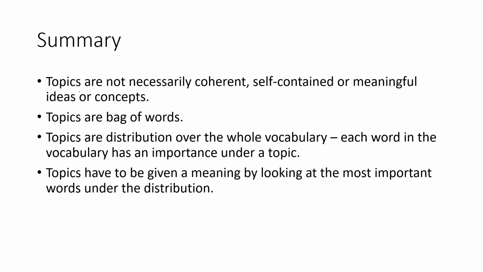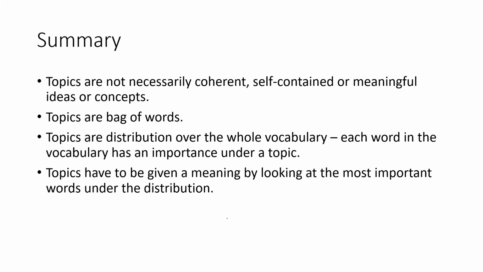To see the summary, topics are not necessarily coherent, self-contained, or meaningful ideas or concepts. Topics are bags of words, topic one, topic two, right? Then topics are a distribution over the whole vocabulary. Each word in the vocabulary has an importance under a topic. Topics have been given a meaning by looking at the most important words under the distribution.